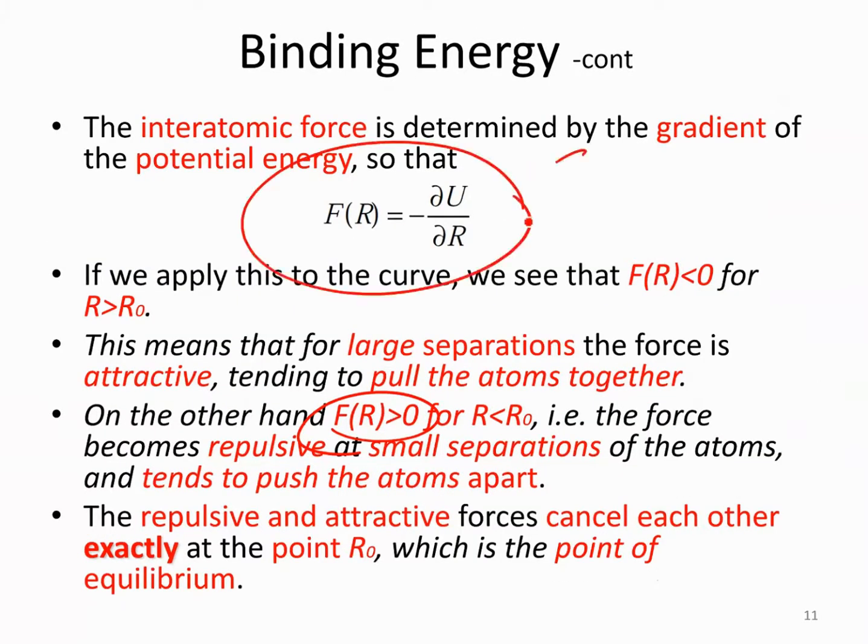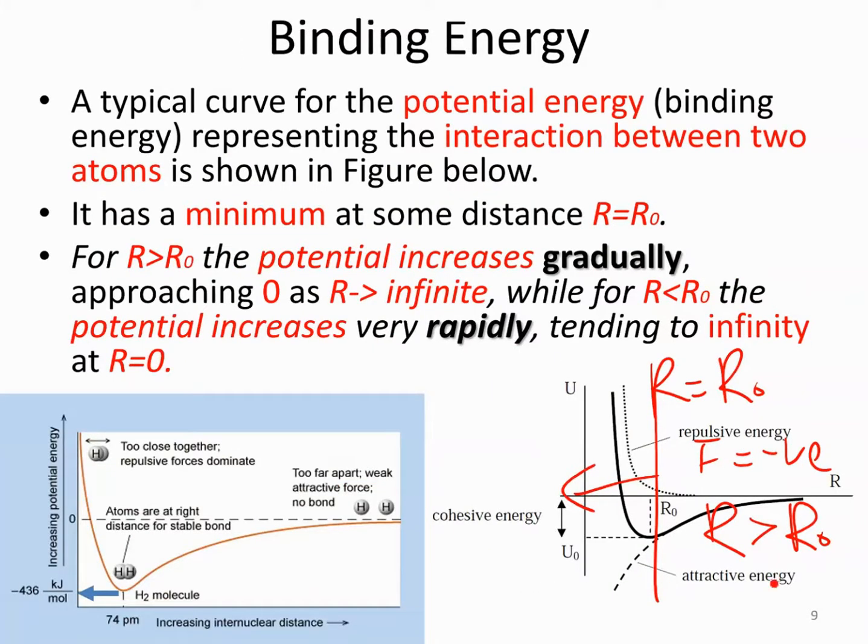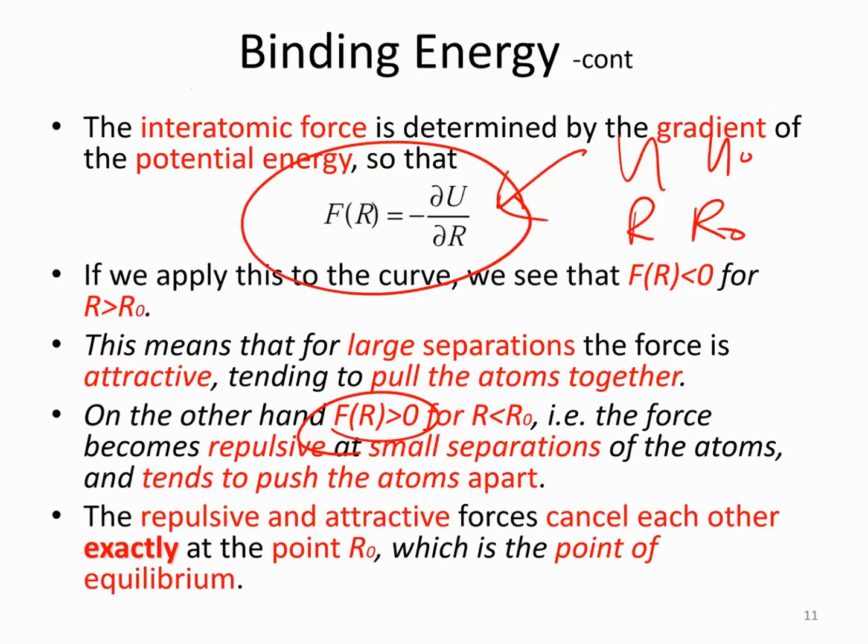So what is the difference between R and R naught, and what is the difference between U and U naught? For this case, R is larger than R naught, right? So R minus R naught, you will get positive.